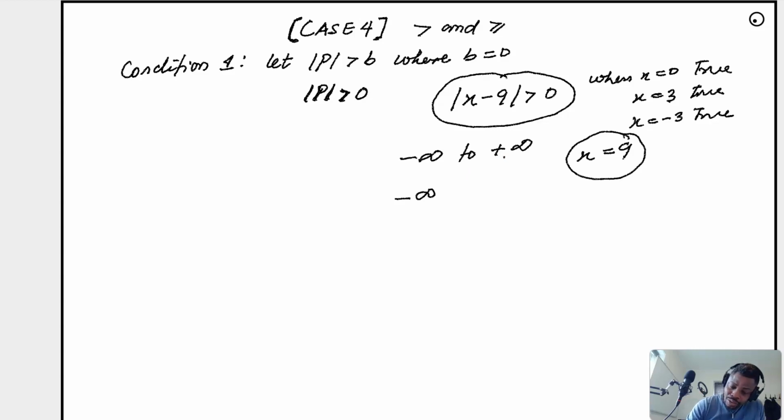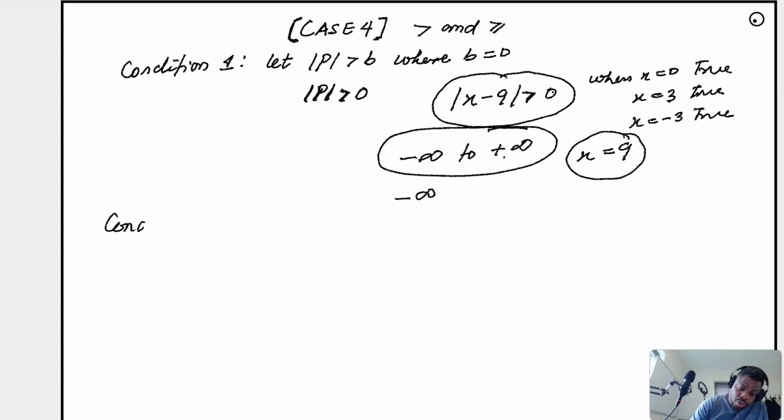Because if x is equal to 9, it will be 0 here, and 0 is not greater than 0, because that is false. So my solution is all real numbers except x is equal to 9. So that is the first condition for case 4.